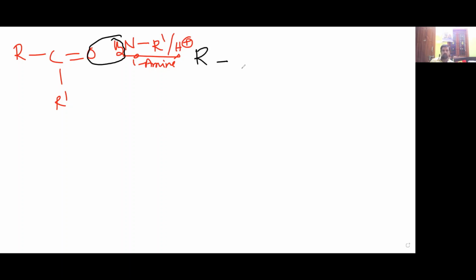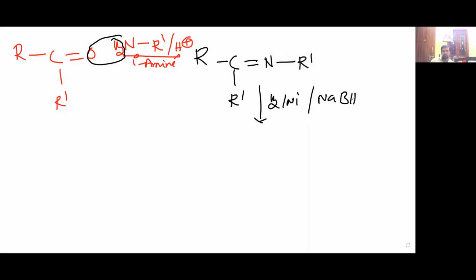Then R, C, R dash, double bond N, R dash. This is treated with the same thing, mild reduction. The mild reducing agents are H2/Ni, sodium cyanoborohydride NaBH3CN, and H2/Pt. You can add H2/Pt also.